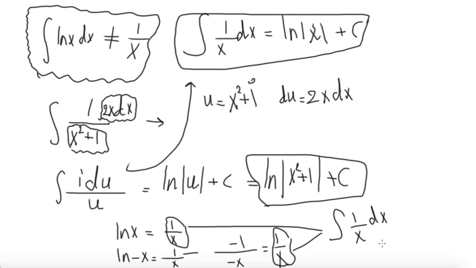So for this, we need to keep the absolute value of x, because we don't know exactly. Whatever we put here, positive or negative, we will get the same result. If it is minus, it will be 1 over x. If it is positive, it will be 1 over x. So it means that we need to have an absolute value.